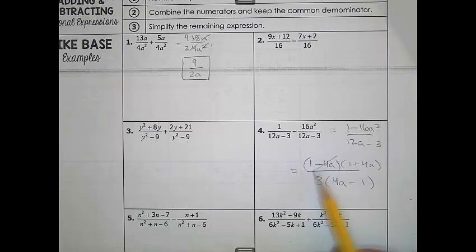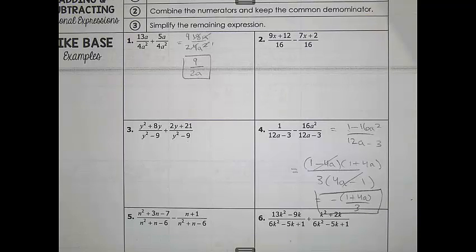And we learned that this quantity and this quantity cancel, leaving a minus 1, if you recall, when they're switched like that. So my final answer is negative quantity 1 plus 4a in the top over 3. So I just pulled the negative sign out front. It doesn't matter where you put it, top, bottom, out front. So I can distribute the negative if I want to both these terms, but that is my final answer, however you want to write it.